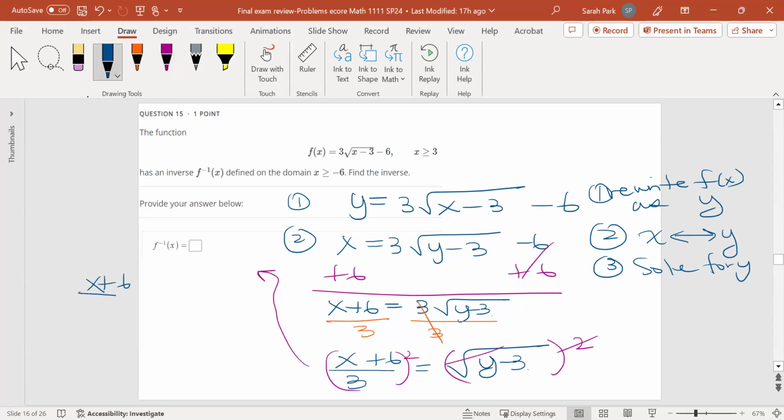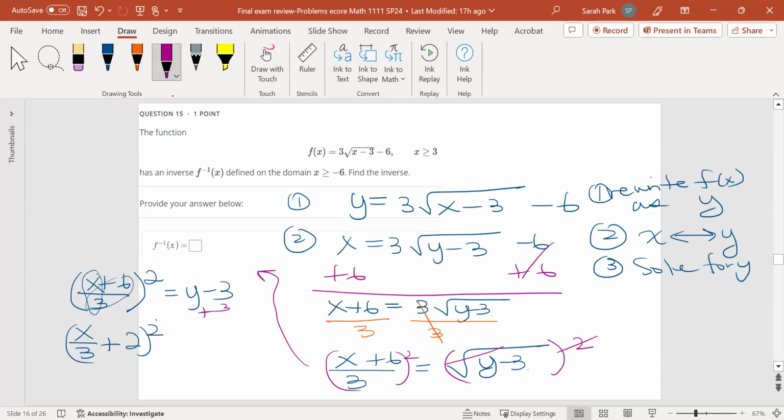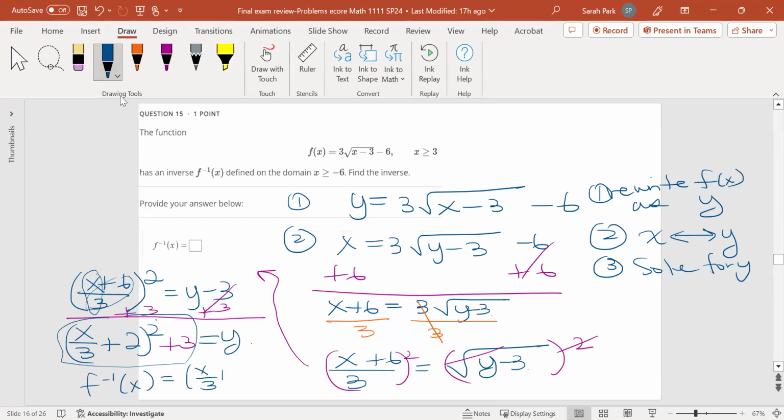So we have x plus 6 over 3, squared, equals y minus 3. I'm going to divide this over here, and write this as x over 3 plus 6 divided by 3 is 2, squared. Then if we add 3 to both sides, that'll cancel the 3, and we have plus 3 equals y. That's actually our inverse function. Our inverse function of f is x over 3 plus 2, squared, plus 3.